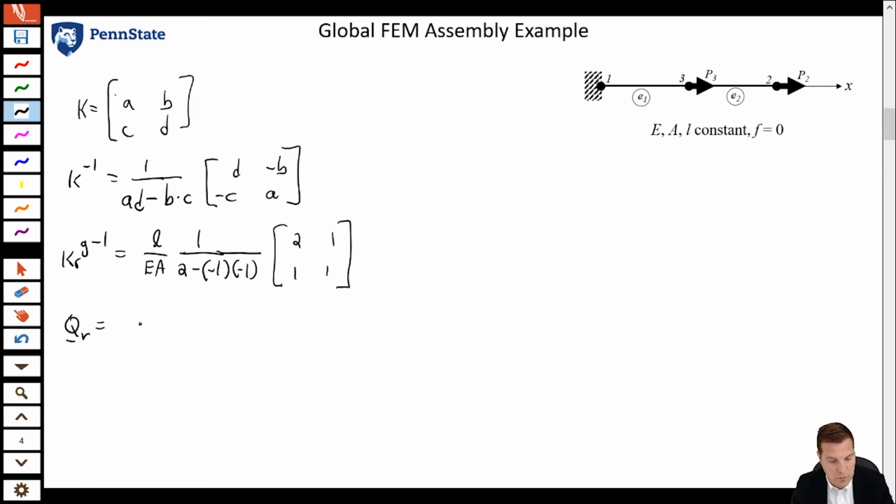Q_R, the reduced, is going to be K inverse times F_R, equal to L over EA, 1 over 2, times 1, 1, 1, times P2, P3.